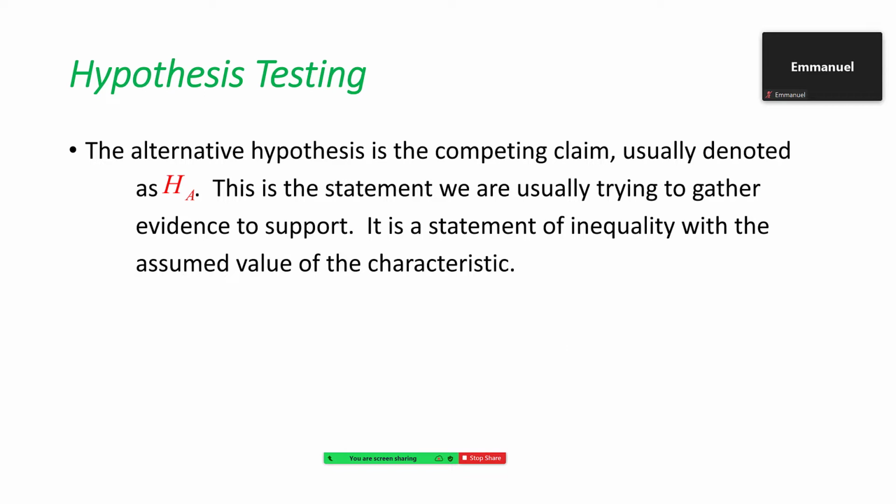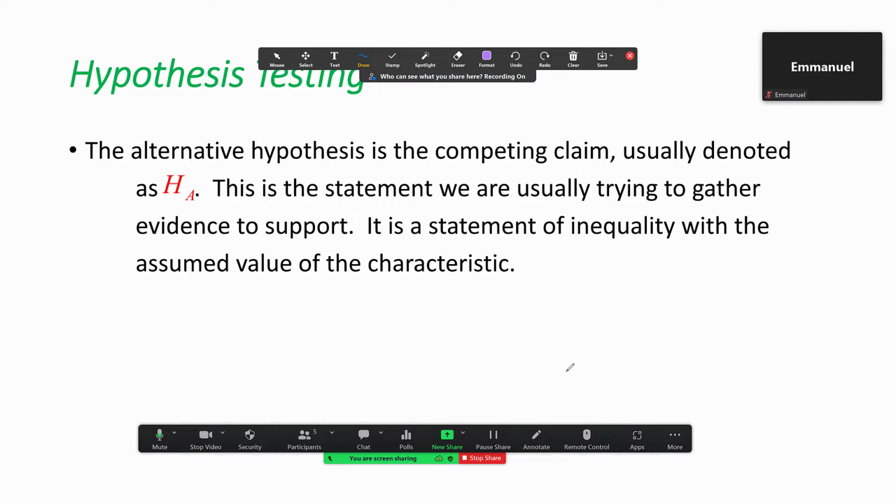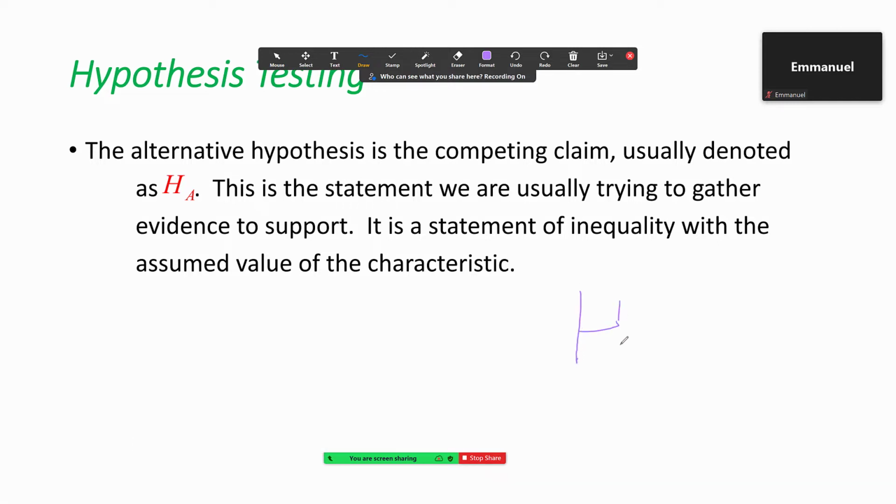The alternate hypothesis is the competing claim. We usually denote it as HA, but sometimes you'll see H1. I think the 1 goes with the H0, like 0 and 1.